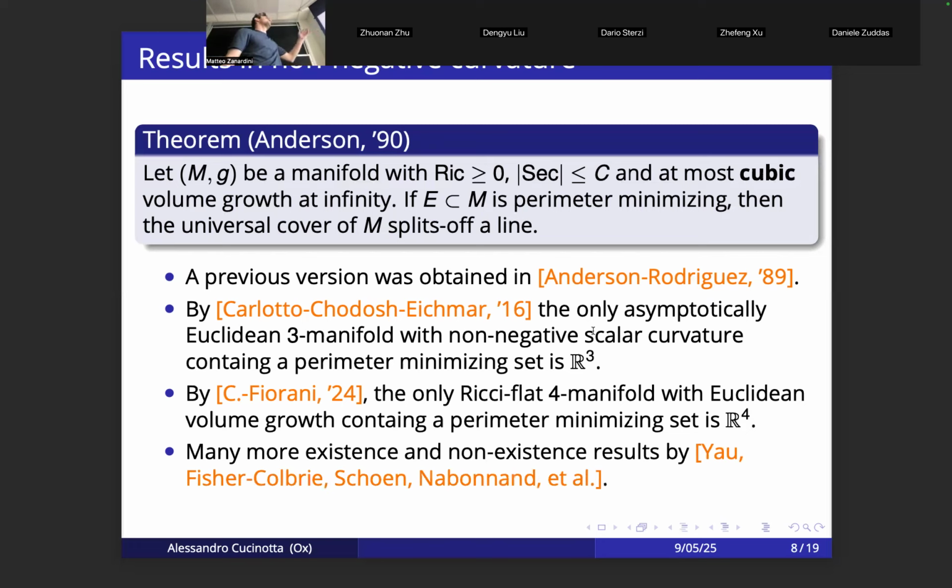Okay, so these are only some results on this problem. But in general, there are many more existence and non-existence results for minimal surfaces and for perimeter minimizing sets. And some of these are very famous and are due to Yau, Fischer-Colbrie, Schoen, Jost, and many others. Okay, so this is more or less the historical account.